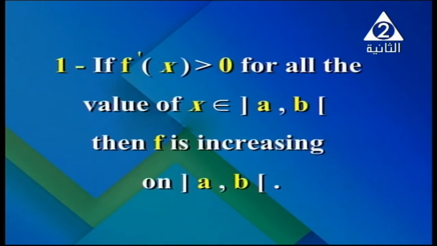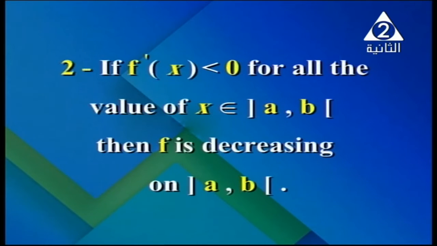If f dash x is more than 0 for all values of x belonging to the open interval a b, f is an increasing function. If f dash x is smaller than 0 for all values of x belonging to the open interval a b, the function is decreasing on this interval.